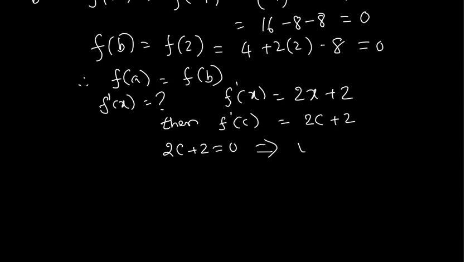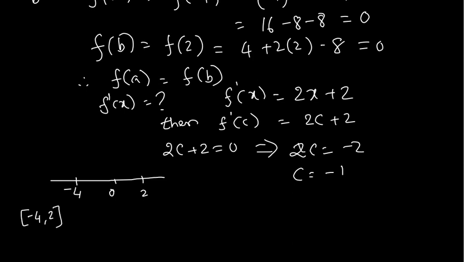Now if you look at the number line, he has given minus 4 and 2. These are the intervals he has given. We got c equal to minus 1. Where is it falling? It must be falling somewhere here.